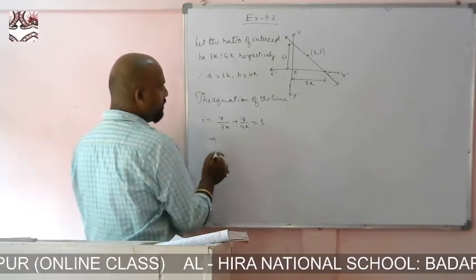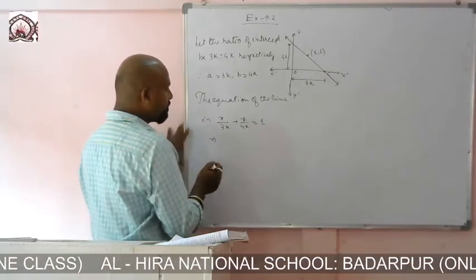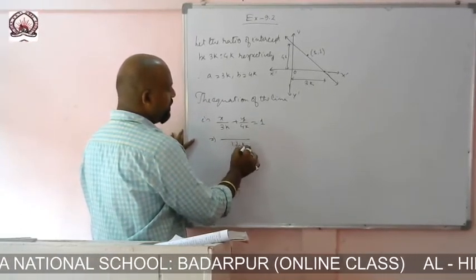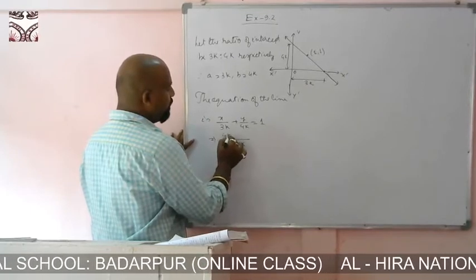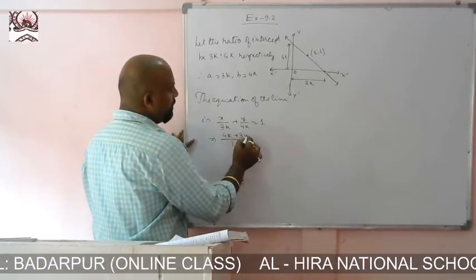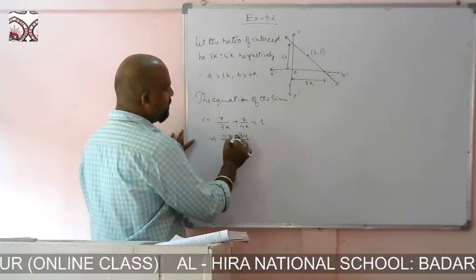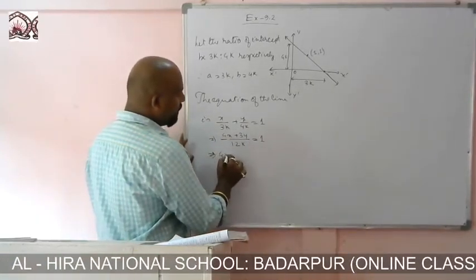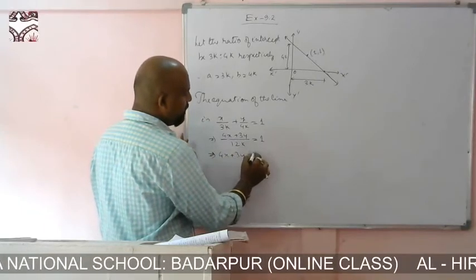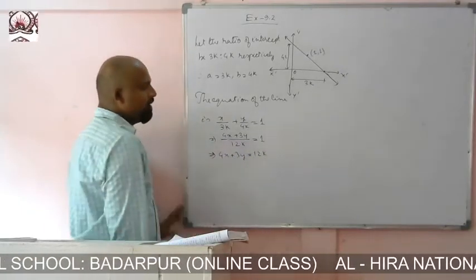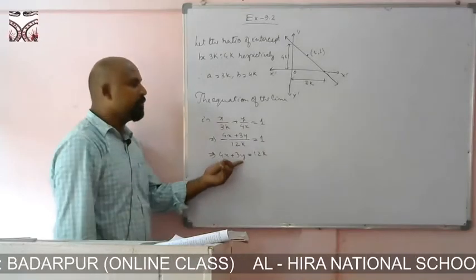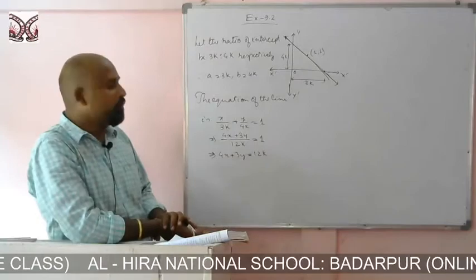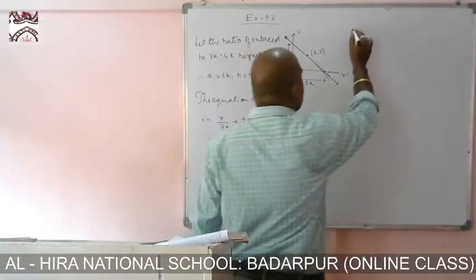Then what is the LCM we are getting? 12k equal to 4x plus 3y. So 4x plus 3y equal to 12k. Now this is the equation of the line. So 4x plus 3y equal to 12k.